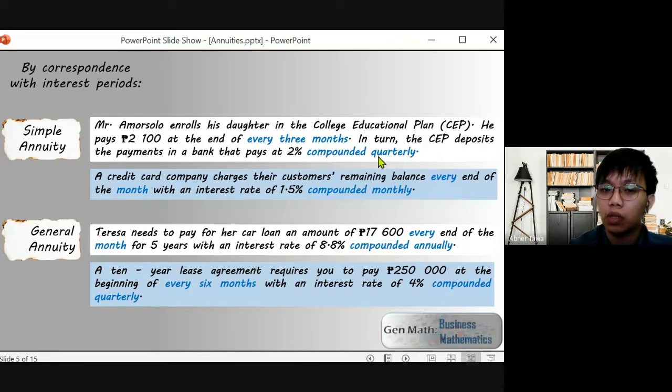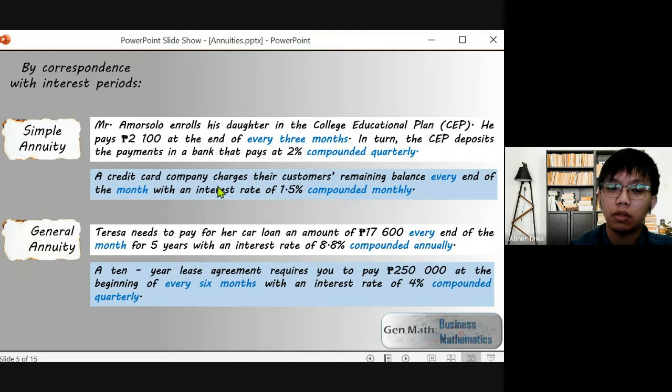When we say quarterly, that is also every 3 months. So the interest period is the same as the payment interval. That means this problem falls under simple annuity.